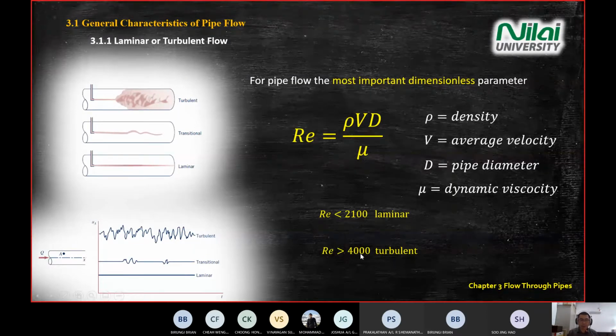If the value is more than 4000, it is defined as turbulent flow. A value between 2100 and 4000 is transitional.